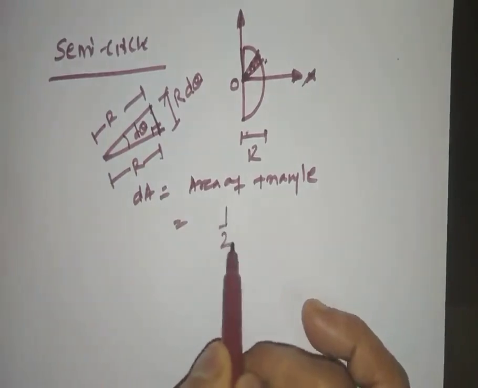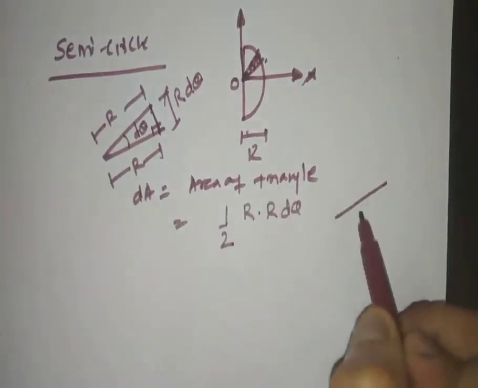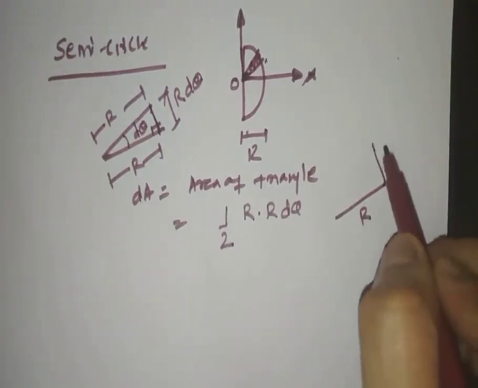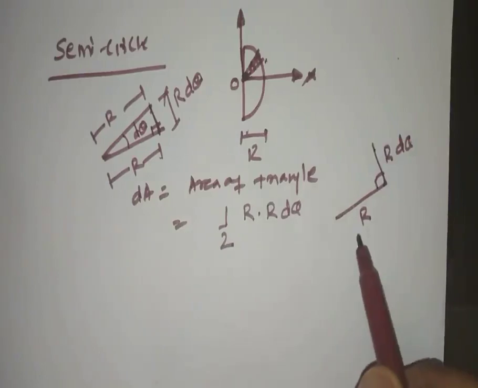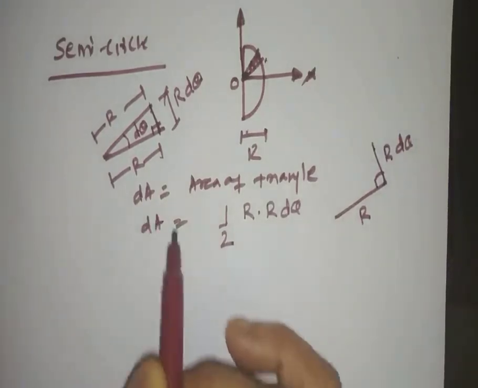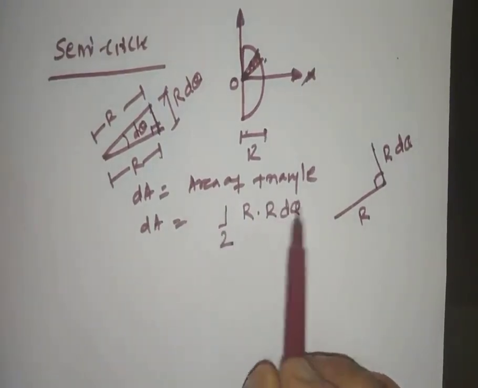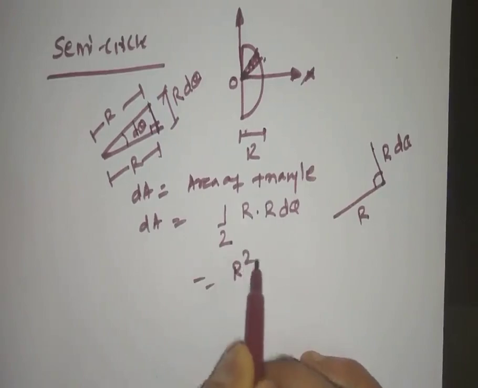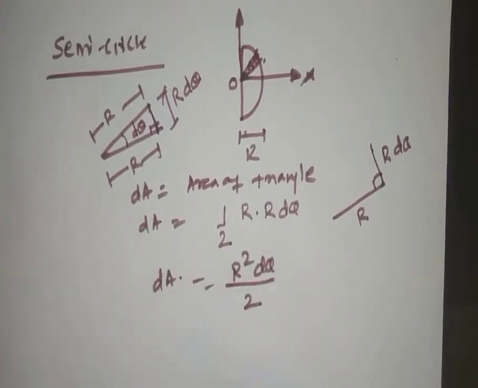So this is half r into r d theta, with the base distance r, the height r d theta, and the inclination of 90 degrees. So this is the area of the elemental strip, which is a triangular elemental strip. That is, the area of the triangle is half r into r d theta, which is r square d theta divided by 2.